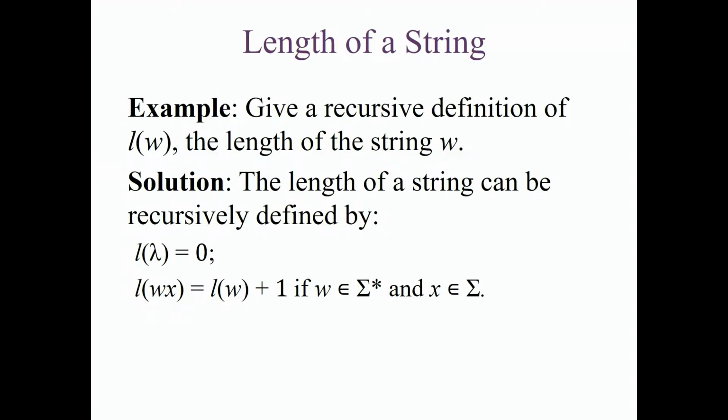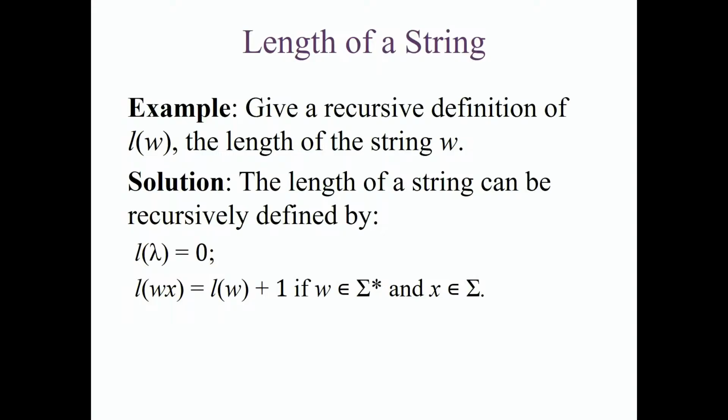For the basic step, we define the length of the empty string to be 0. This is the basic step. For the recursive step, we use l(wx), where w is a string from the string set sigma star, and x is a letter from the alphabet set.